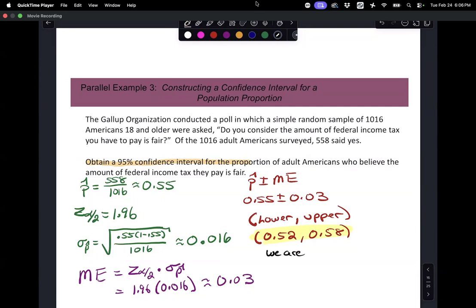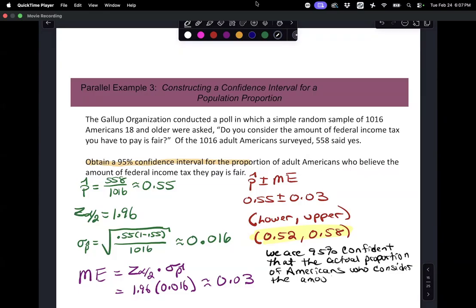We are 95% confident that the actual, my writing is terrible, proportion of Americans who consider the amount, I'm going to shorten this.